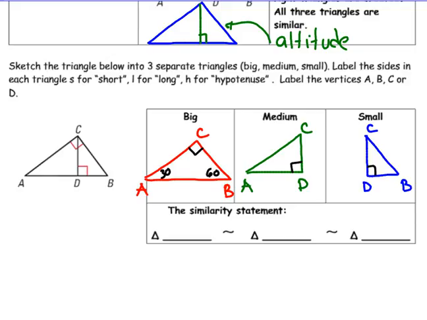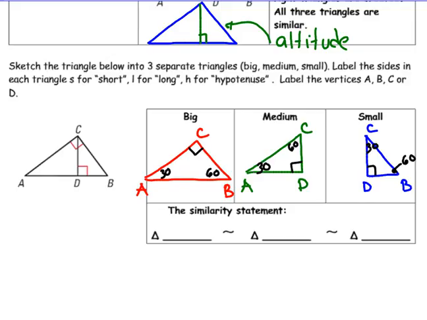Now, when we're comparing all the triangles, the large triangle and the middle triangle, they share angle A. So this is also going to be 30 degrees. And the large triangle and the small triangle, they share angle B. So that's going to be 60 degrees. So now we can label the other angles. This will be 60. This will be 30.